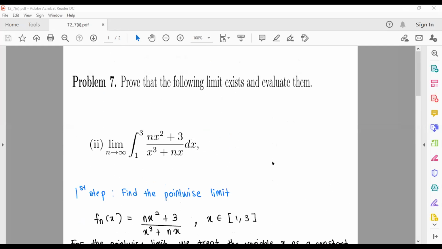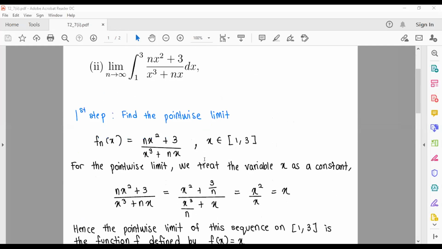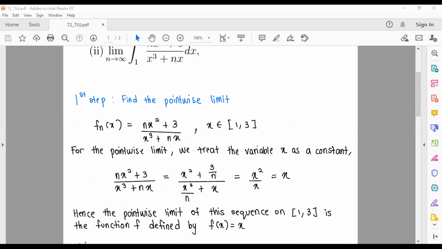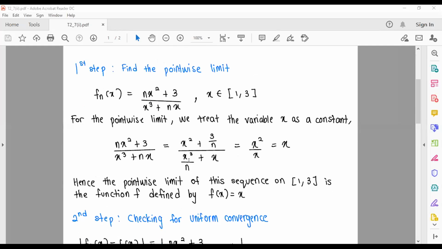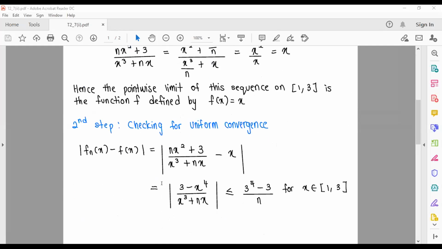Okay. So for problem 7, number 2, the first step is we need to find the pointwise limit. And for the pointwise limit, we treat the variable x as a constant. So after evaluating it, we have that the pointwise limit of the sequence on [1, 2, 3] is the function f defined by f(x) = x. And then the second step is checking for uniform convergence.